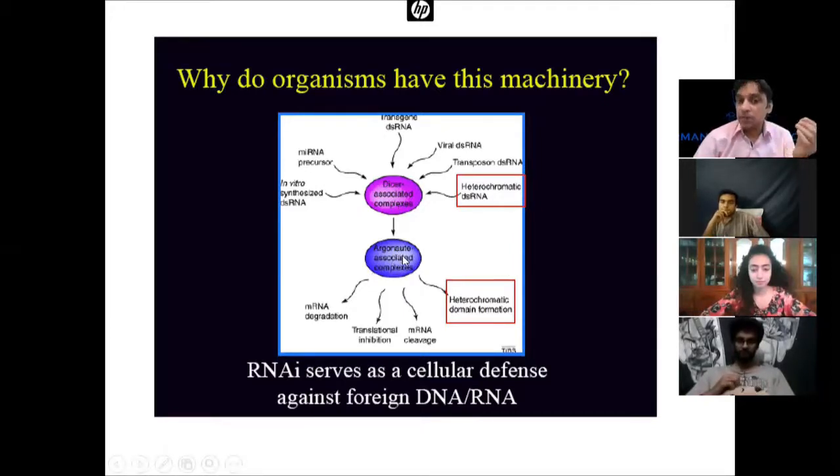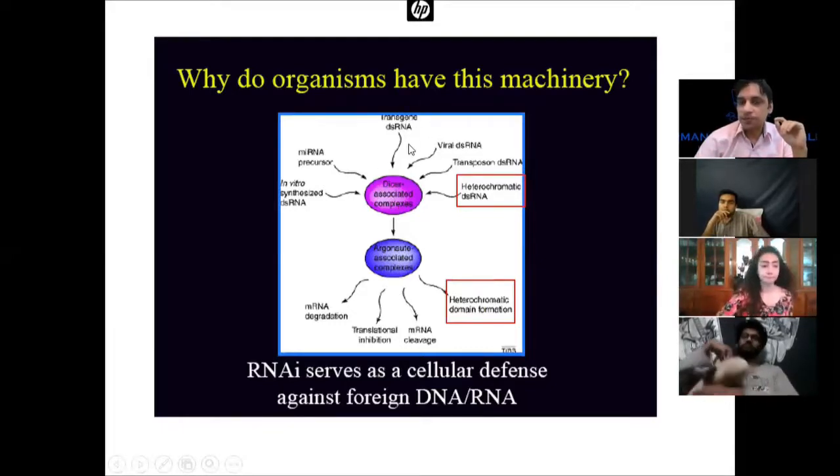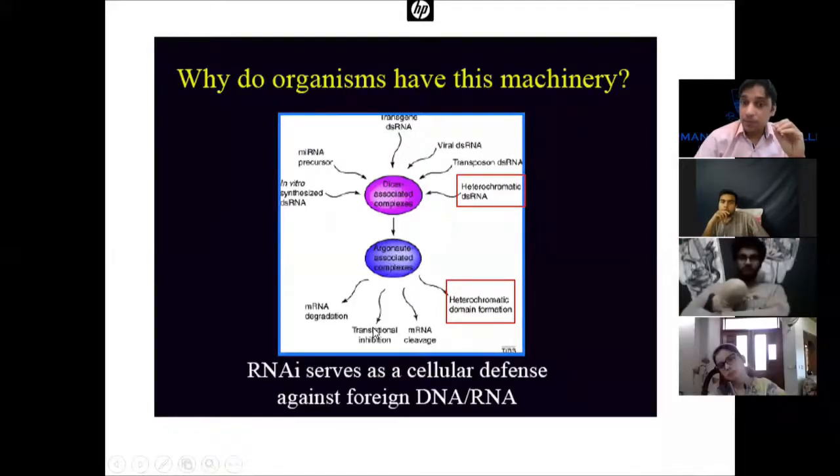They might degrade the messenger RNA to block its function, depending on the nature of the things which are coming from upstream. They might inhibit the transcription. They might change the transcriptome and the cell fate.